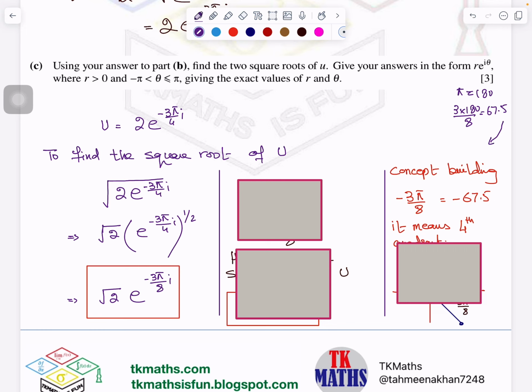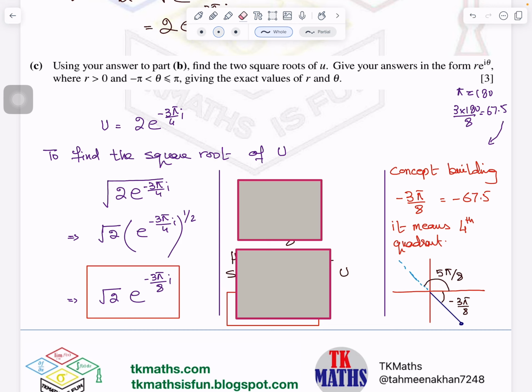So if it is in the fourth quadrant, then this will be my one answer, this one, right? Because we go from here, and I told you in the previous video, I don't know if you have seen it or not, once again I'm repeating, when you're finding the square roots in exponential form, even for the rectangular form, they are on a straight line, right?